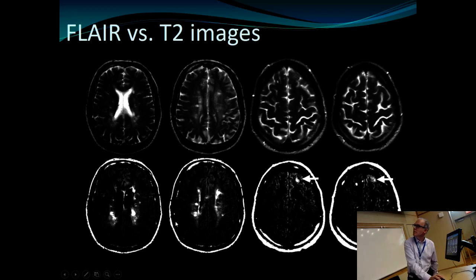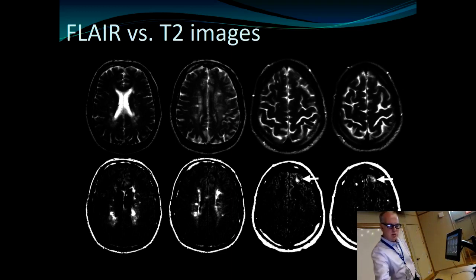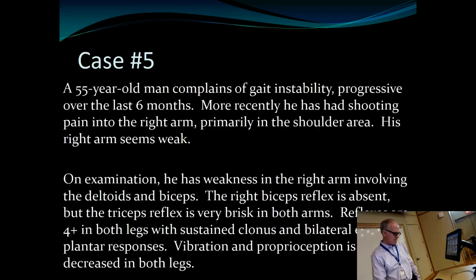Okay. So again, when you order an MRI for multiple sclerosis, the radiologist will automatically do these different images, so do a T2. So the diagnosis is multiple sclerosis, and we'll go into treatment and all the things we can do for MS next year.